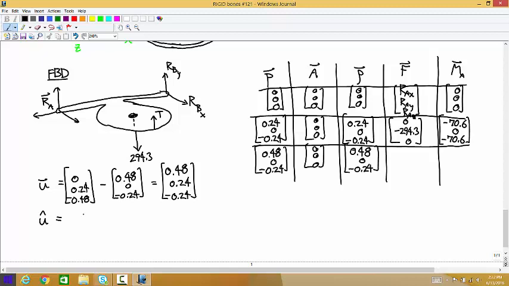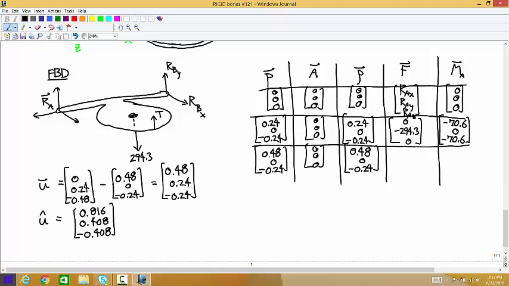Oh, wait, I know. 0.816, 0.408. What? For which one? Yeah, so this is the point on the wall. That one makes sense, but this one doesn't.